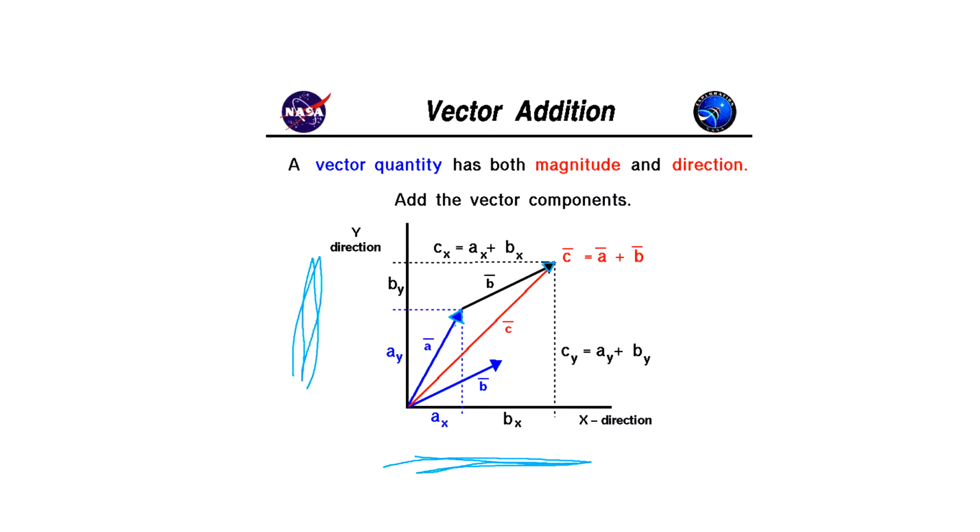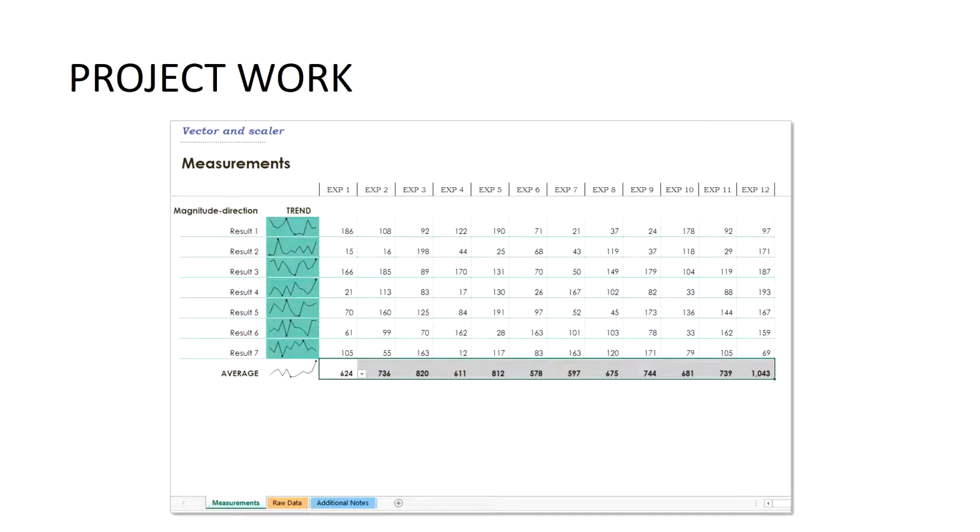As they are both moving in the same direction, A plus B can equal C, which is a total additive vector. So Cx equals Ax plus Bx, Cy equals Ay plus By. So C equals A plus B in this very simplest of examples.